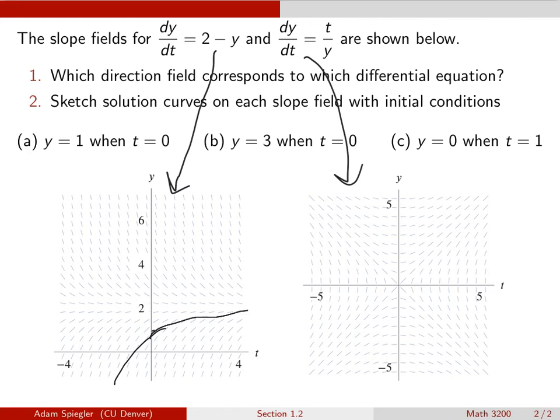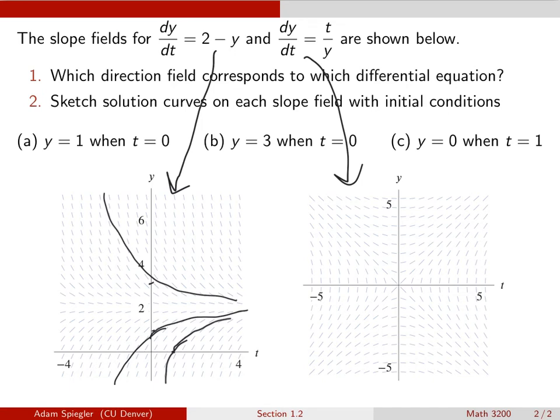When y is 3 and t is 1, that's somewhere between here and here. And so that differential equation is going to have a solution that looks like that, more or less, through that point. And we can do this as well when y is 0 and t is 1. Maybe that's about over here. I can follow these line segments.